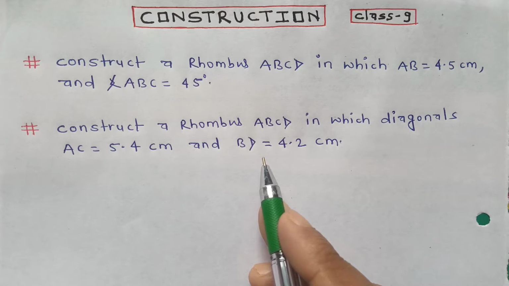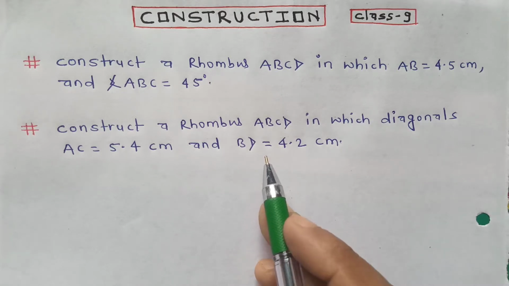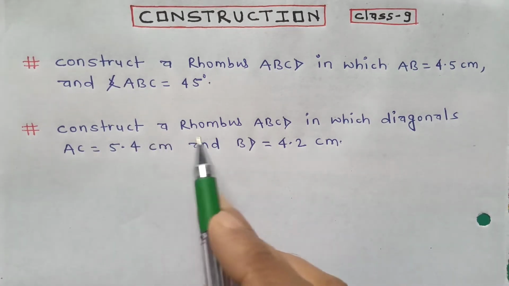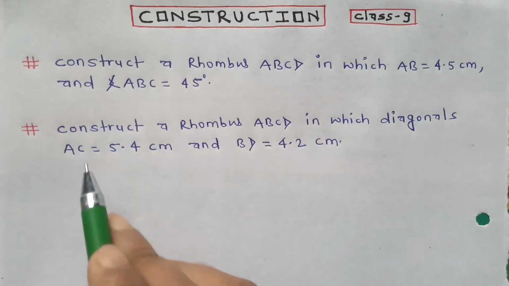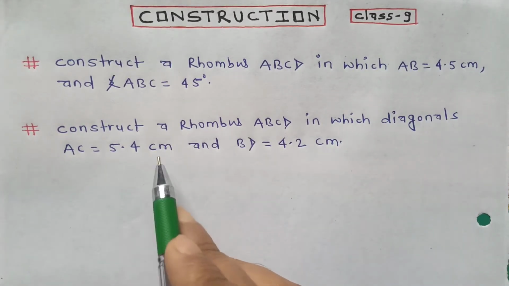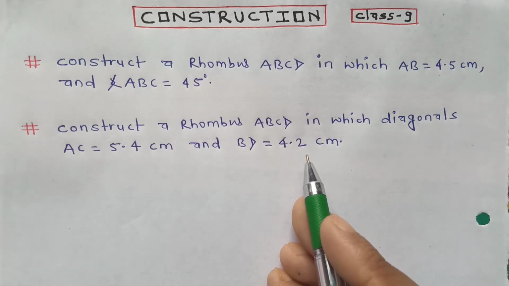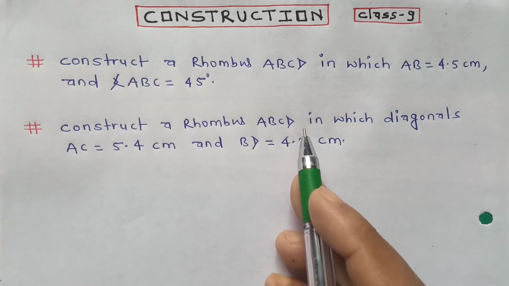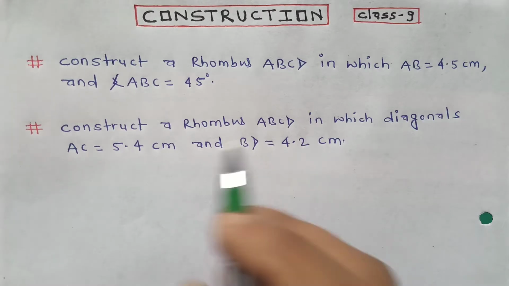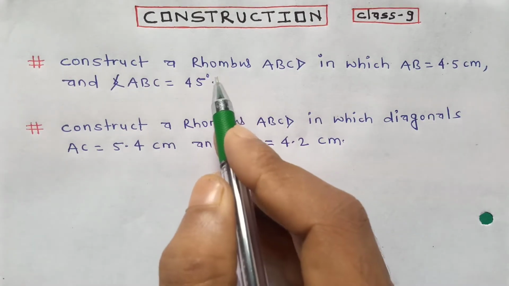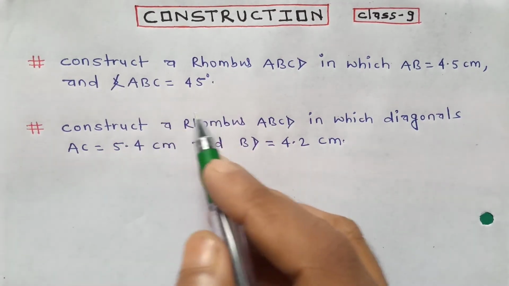This type of question will be asked in your final exam. Construct a rhombus ABCD in which diagonal AC is equal to 5.4 centimeter and BD is equal to 4.2 centimeter. These two types of question will be asked in your class 9 about rhombus, so I'm going to solve both of these.